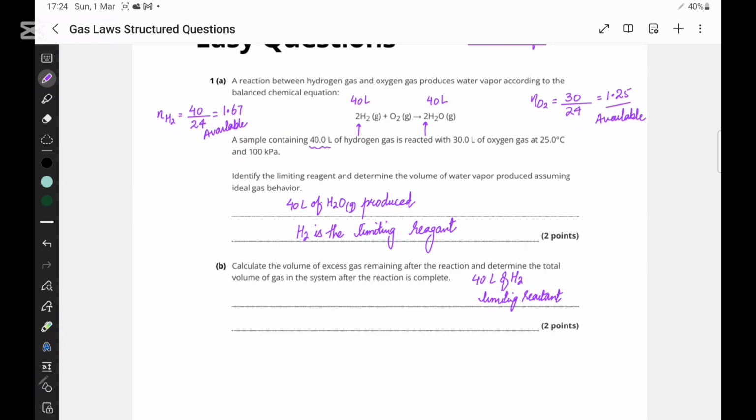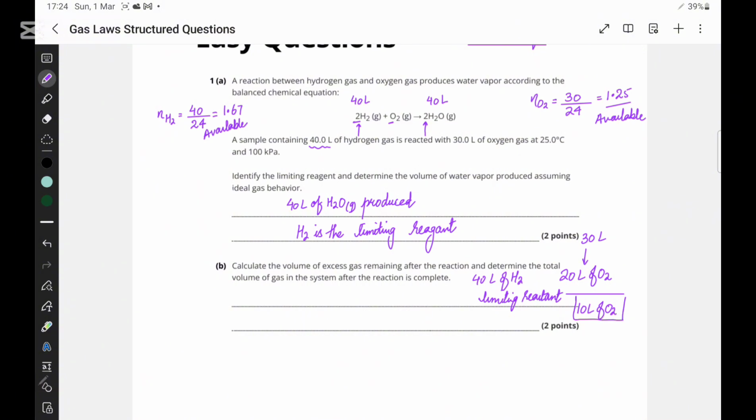As it is 2:1 between hydrogen and oxygen, 40 liter of hydrogen requires 20 liter of oxygen, but in fact we have 30 liter in the beginning. So how much is going to be remaining O2? 10 liter of O2 remains.